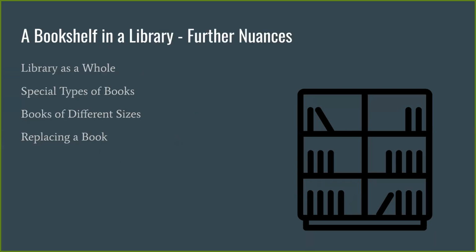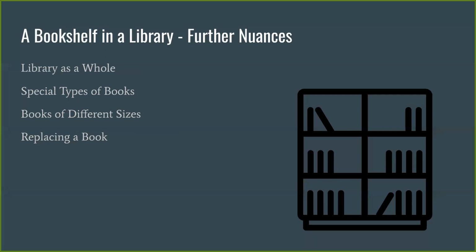So I'll cover a few further nuances, such as the library as a whole, special types of books, books of different sizes, and replacing a book. You can think of the library as a whole as an array of arrays, or multi-dimensional arrays.